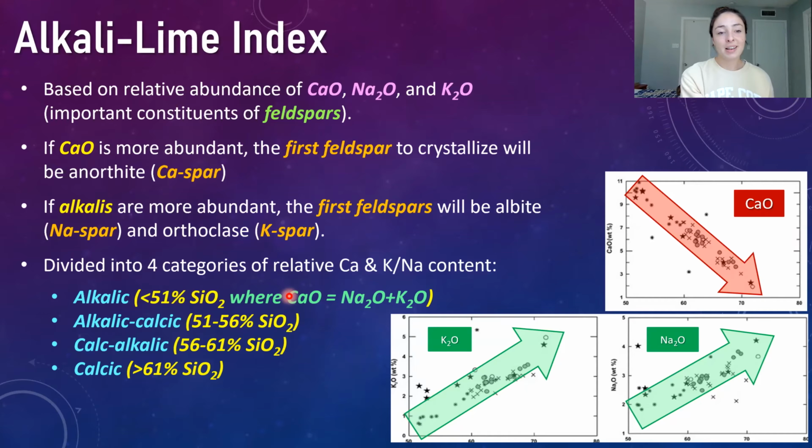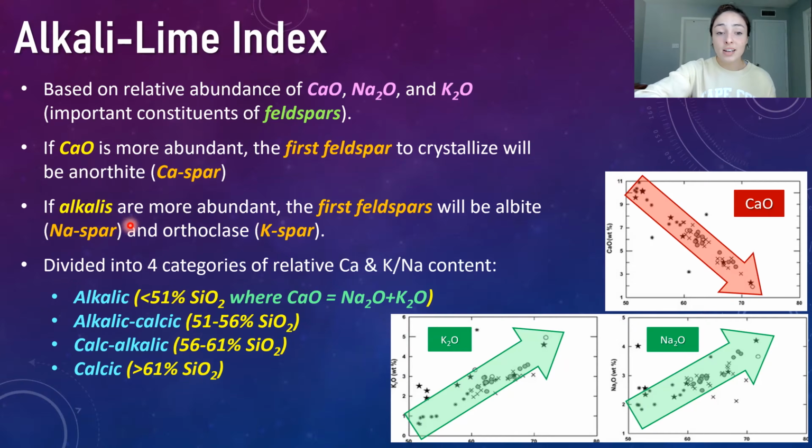So the alkali-lime index is based on relative abundance of calcium oxides, sodium oxides, and potassium oxides, which are all important constituents of feldspar. And in this index, we have these rules here that state that if calcium oxides are more abundant in your magma chamber, the first feldspar to crystallize from the melt will be anorthite, or basically calcium feldspar.